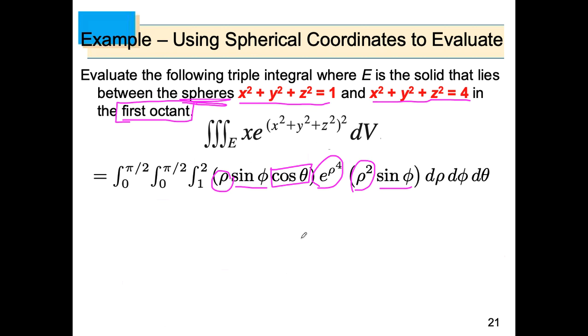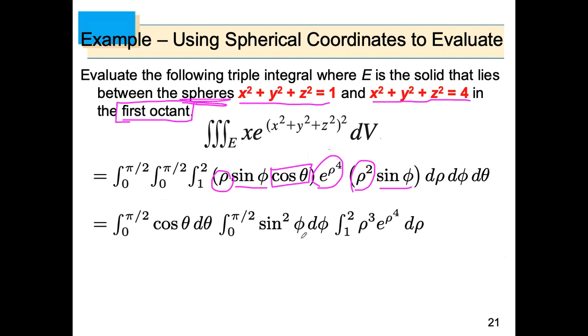What does that mean? Well, let's go back a few sections ago when I talked about this. Whenever you have an integrand that is made up of a bunch of factors that are explicitly based on their own individual and respective variables, you actually can split this thing up. So notice how I rewrite this triple integral into a product of 3 integrals, where my first integral is explicitly theta, second integral explicitly phi, third integral explicitly rho. This is a beautiful scenario because when this happens, this is just essentially calculus 1 times 3.